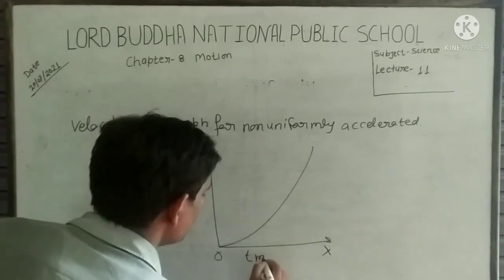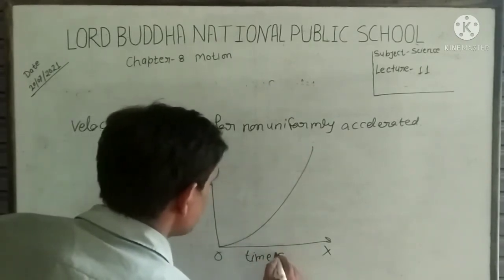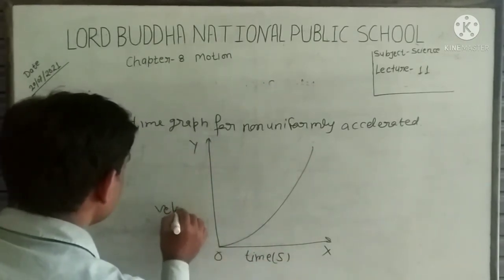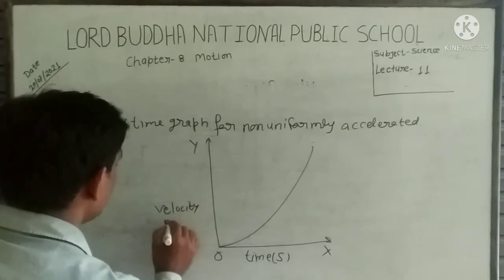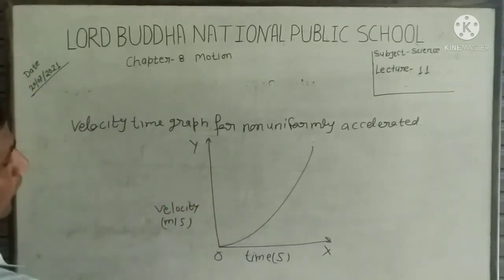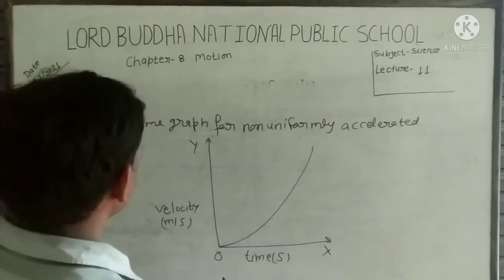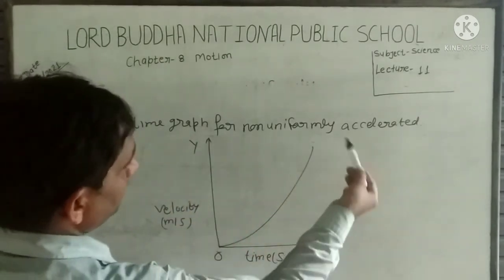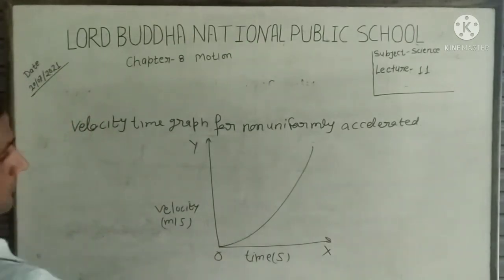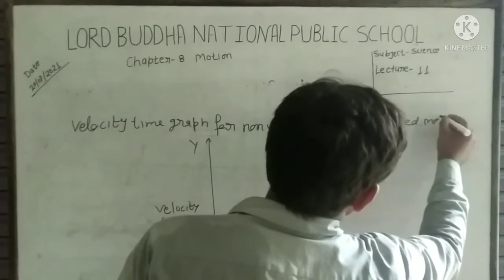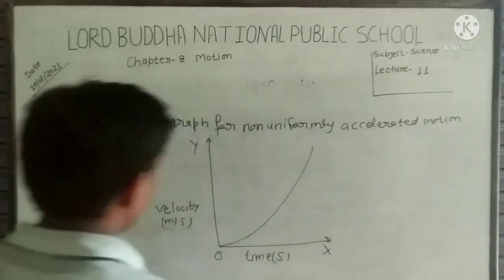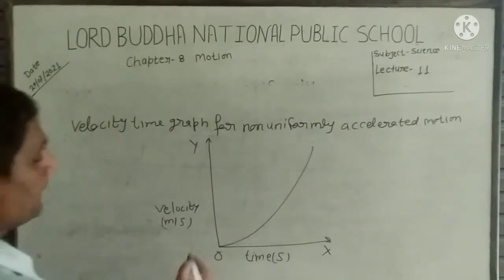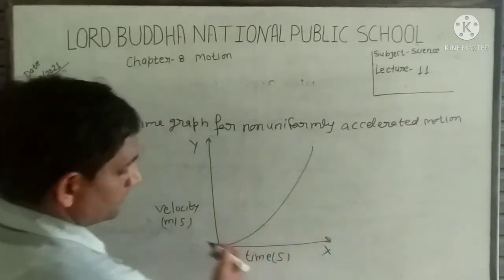Here time in second. Here velocity in meter per second. When we draw the graph between non-uniformly accelerated object and time, then it will be a curve.